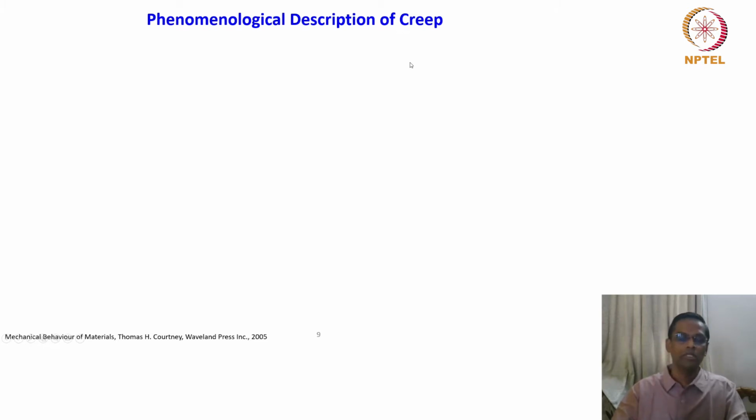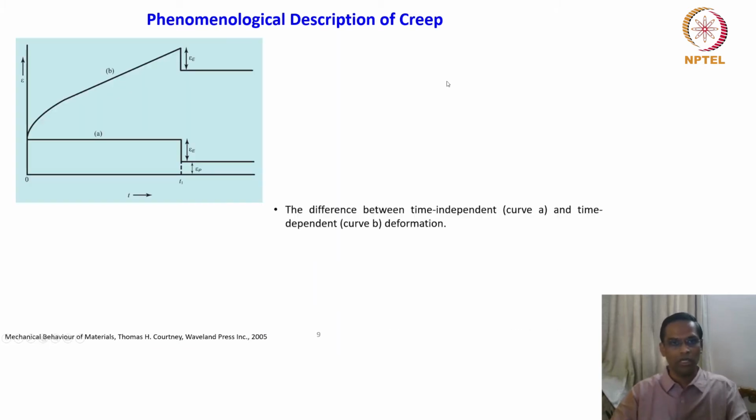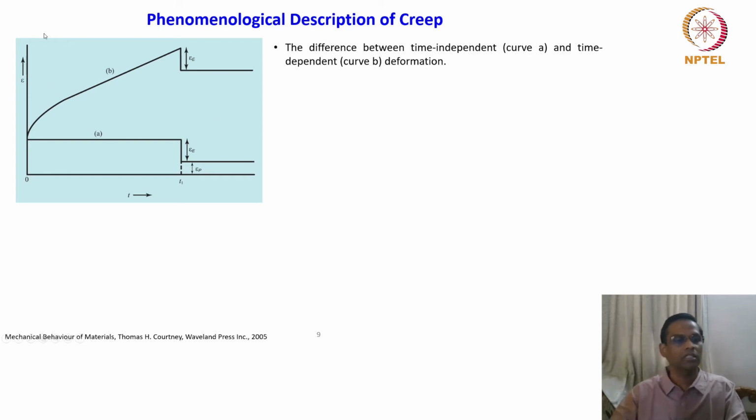So creep is being looked at by several researchers from very different angles. This is one phenomenological description. This plot is again strain versus time only. But what is shown here is one time independent curve and one time dependent curve.